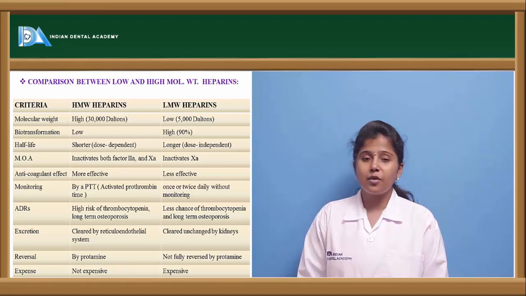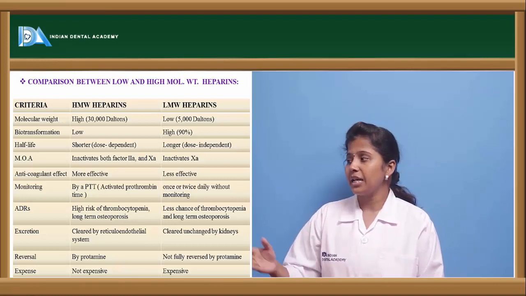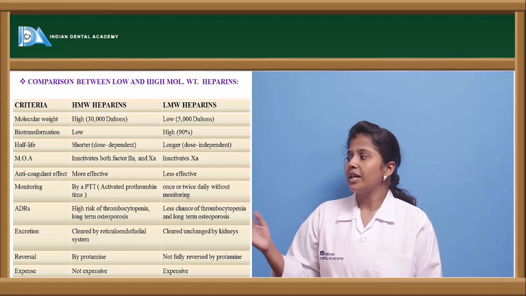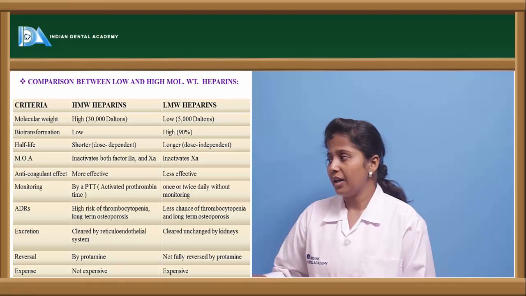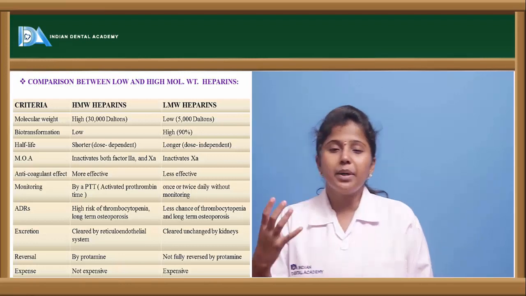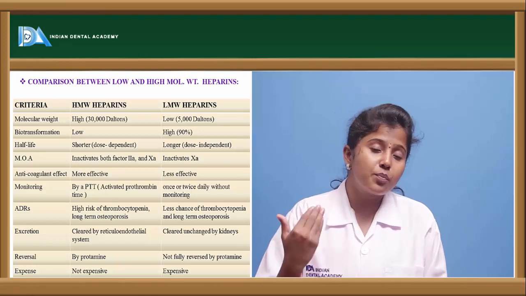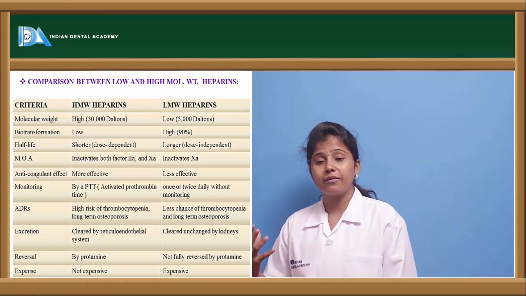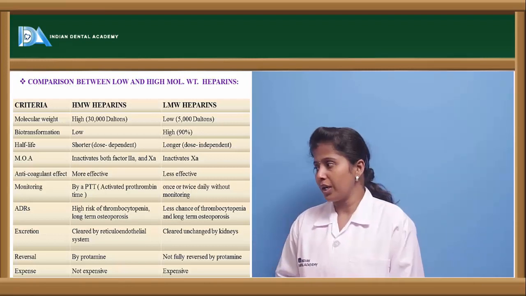And the mechanism of action: high molecular weight heparins act by inhibiting factors like 2A and 10A, whereas the low molecular weight heparin inhibits only the 10A factor. When compared to low molecular weight heparin, high molecular weight heparins are more potent to prevent coagulation, in the sense they have more capacity to prevent coagulation.